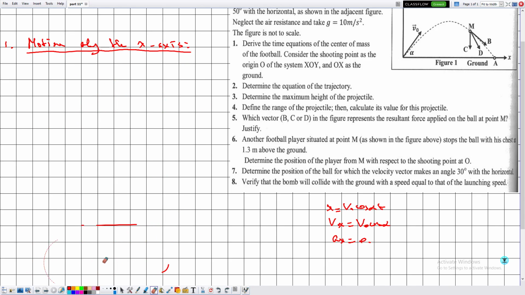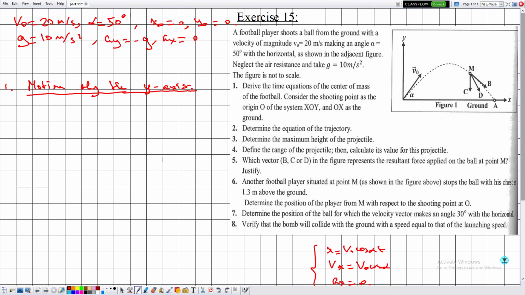And now let's do the same for the motion along the y-axis. So as for the motion along the y-axis, since ay, which is equal to minus g, verifies the general form, which is given by a is equal to a constant, or ay is equal to constant.